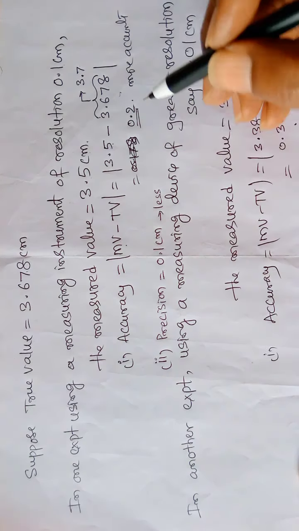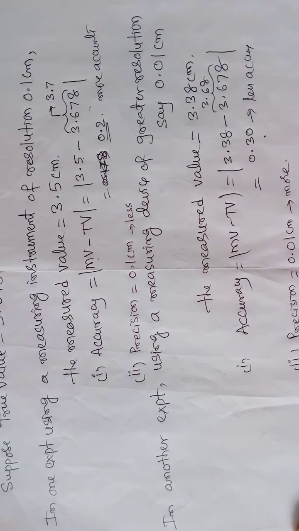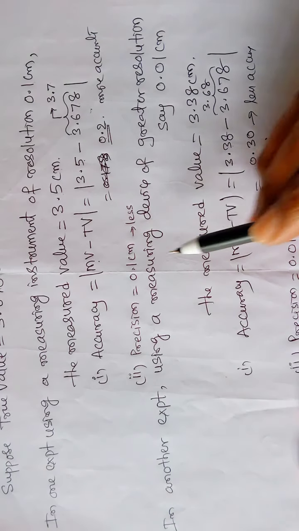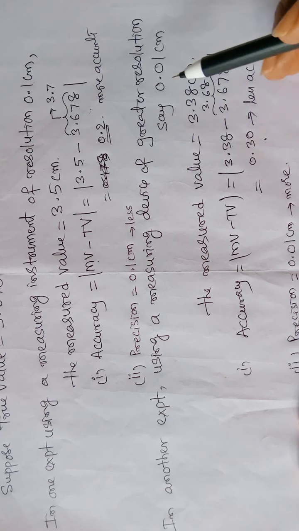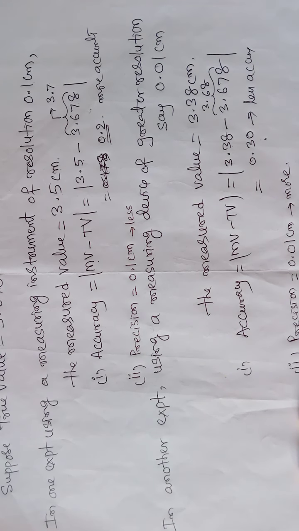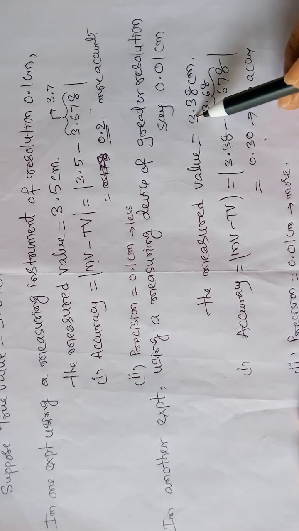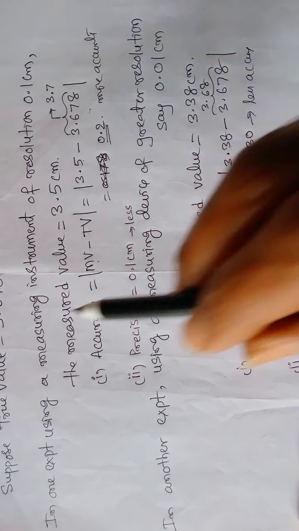Now let us go on. You are measuring the same object a second time using a device of greater resolution. Its resolution is 0.01 centimeters, and the measured value this time you got is 3.38 centimeters. Now how close is this to the true value?